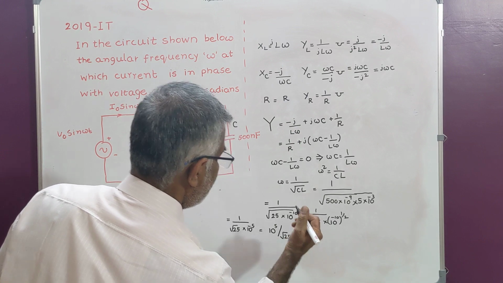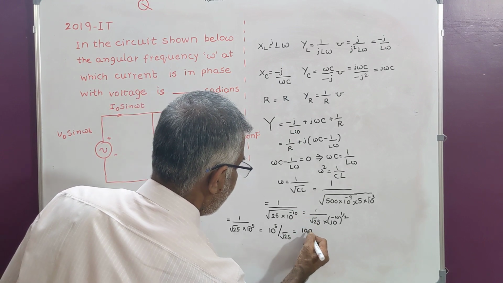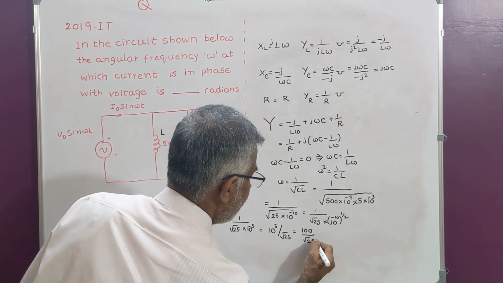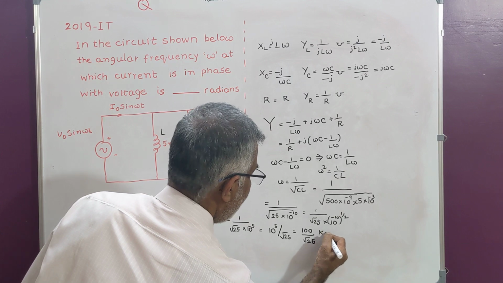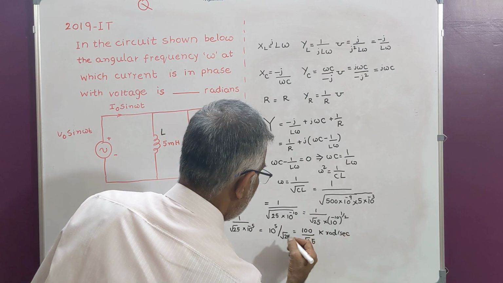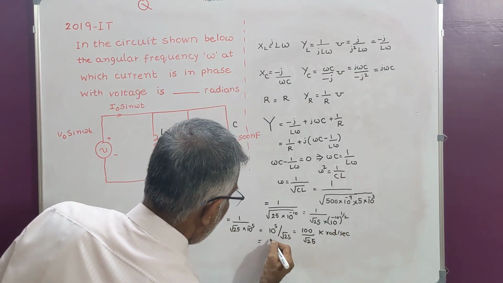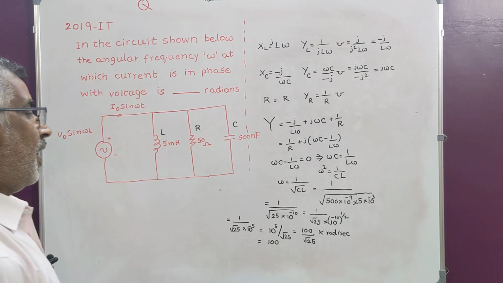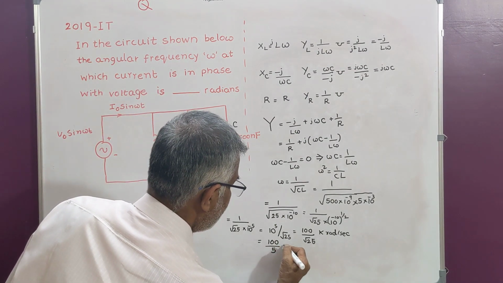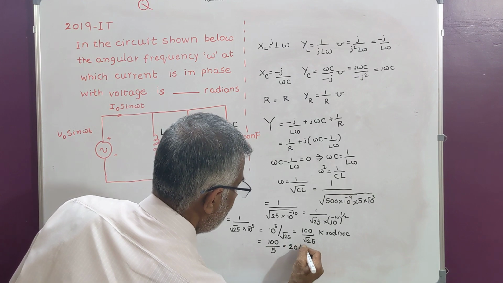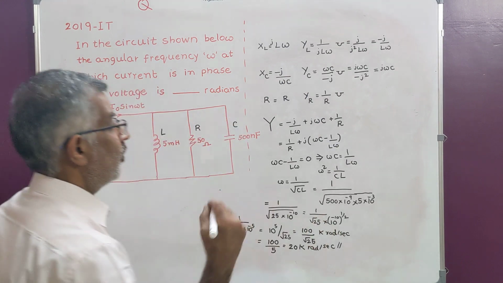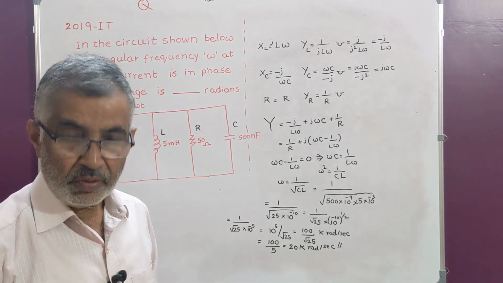That is 100 by root 25 kilo radians per second, that is 100 by 5, which is 20 kilo radians per second. So this is how you have to work out this problem.